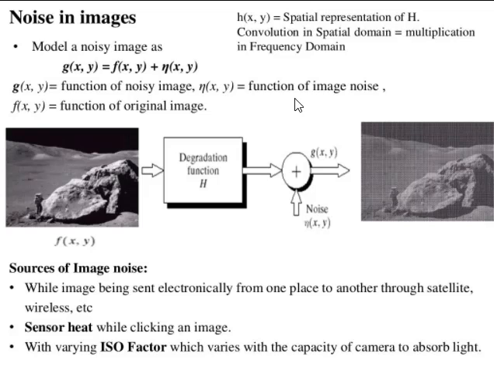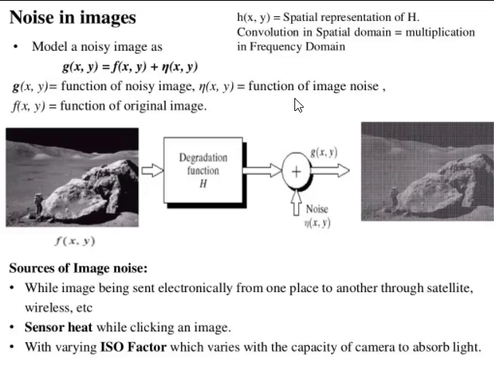If we add the noise to the original image function, we get the function of the noisy image, that is g of x comma y.